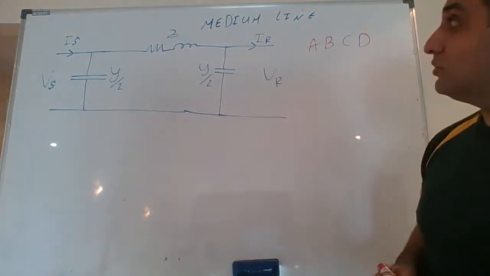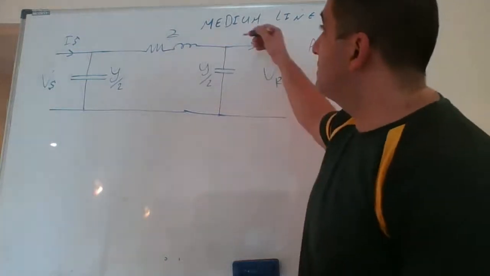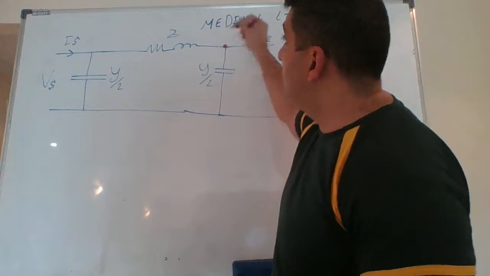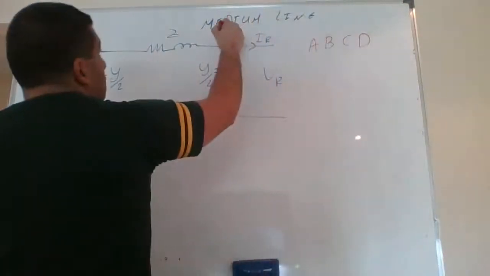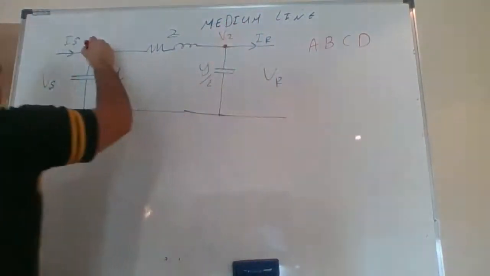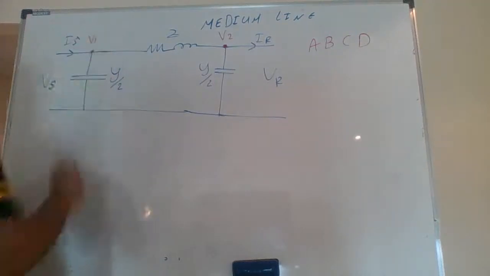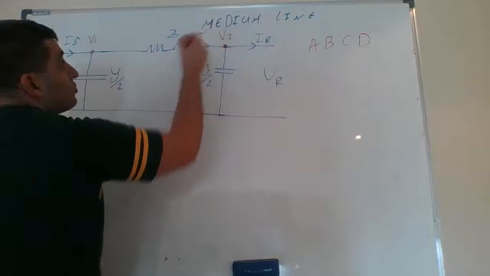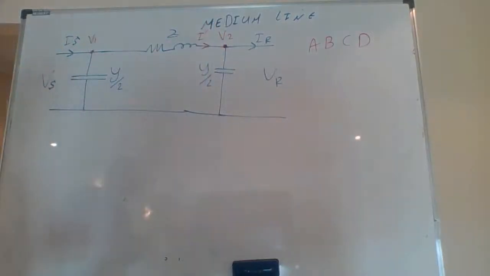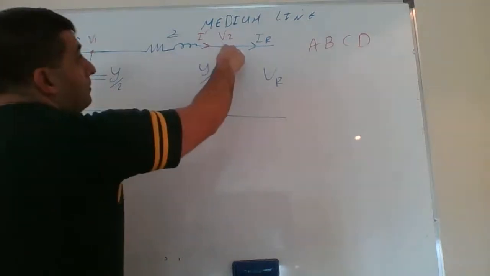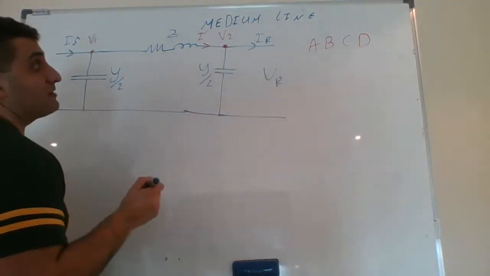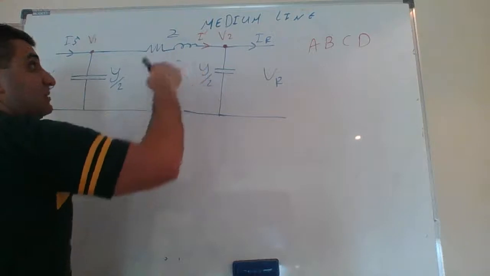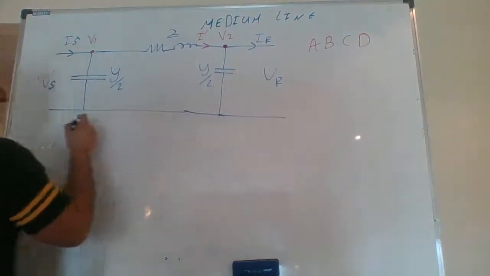Let's use this node. I want to call it V2, and I will say this is the V1 node. I want to call this I dash. What's I dash for me? If I take out this node, I apply nodal analysis. Remember, this is the admittance.